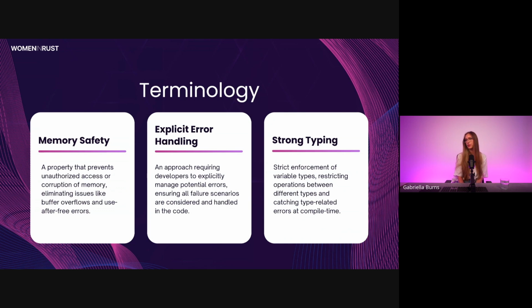This is an approach requiring developers to explicitly manage potential errors, ensuring that all failure scenarios are considered and handled in the code. Finally, let's talk about strong typing. That's strict enforcement of variable types, restricting operations between different types and catching type-related errors at compile time.